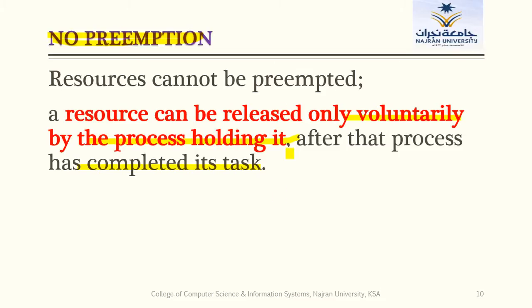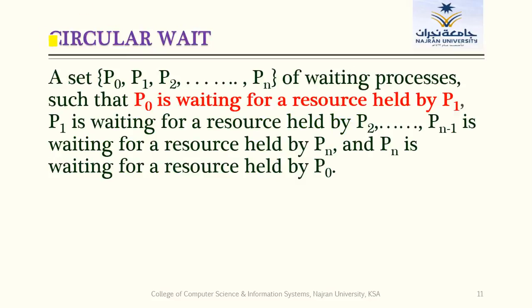So this is the third necessary condition for deadlock. Number 4 is circular wait. As its name shows, there is also waiting, but circular wait. The processes are waiting in a circle. Let's suppose I have a set of processes P0, P1, P2, P3 and so on up to Pn minus 1 and at the end Pn.